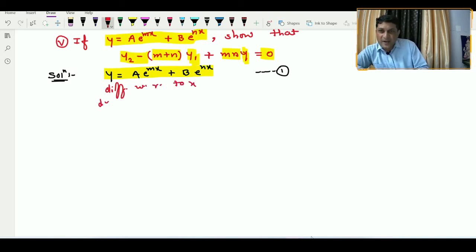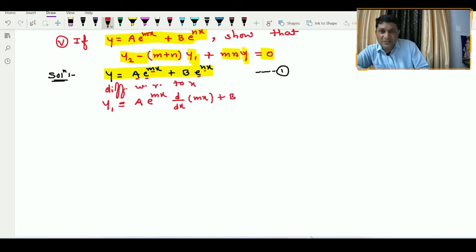So the derivative of y, instead of dy by dx, I am denoting the derivative by y1, because in our required result derivatives are denoted by y1, y2. It is in the form of e raised to power f of x. A is a constant, keep it as it is. The derivative of e raised to power f of x is e raised to power f of x into the derivative of f of x, meaning the derivative of mx, plus b, keep it as it is.